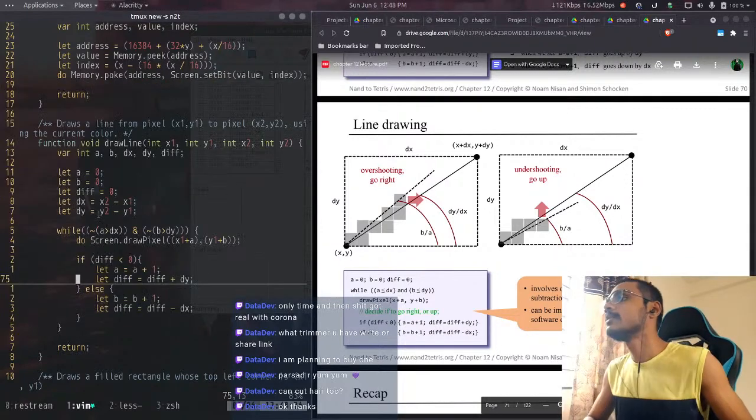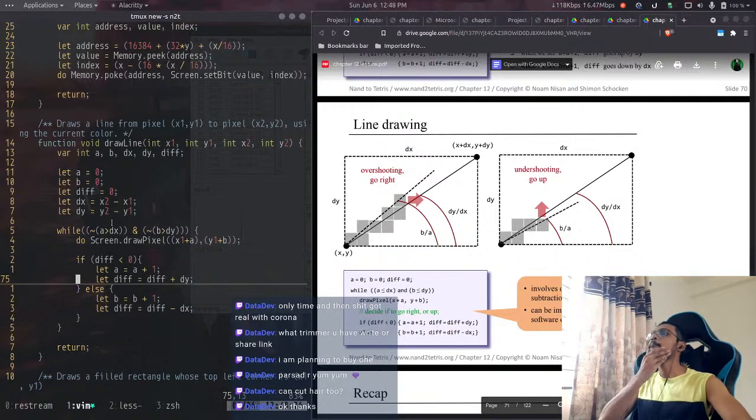All right. Okay, so I need to figure out how to draw lines in different directions.